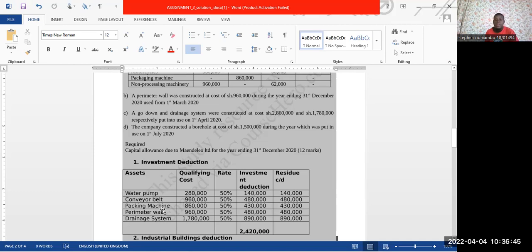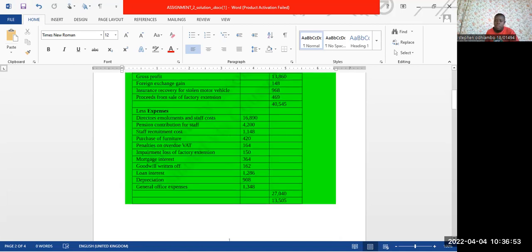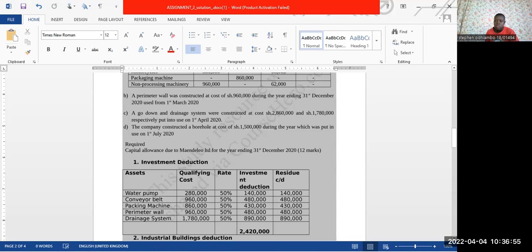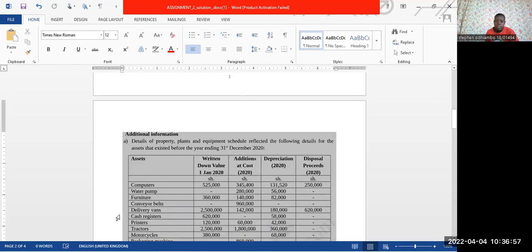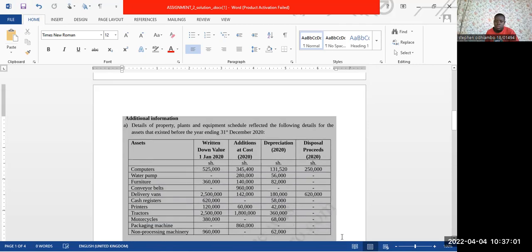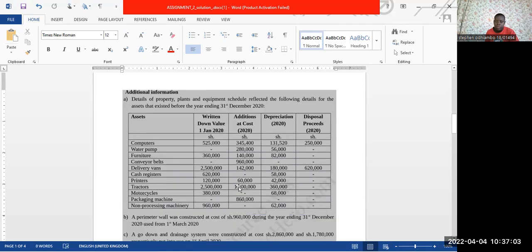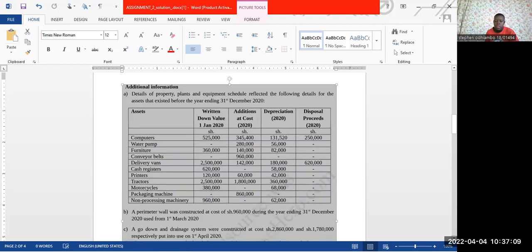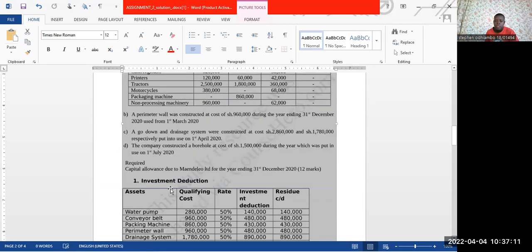Then we have the packing machine 860. Come up a bit and look at the packing machine, it is just below this. We have 860. Can you see this? 860,000. So you just put it down at 860,000.